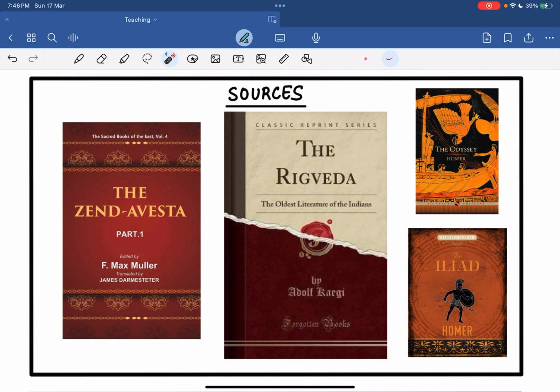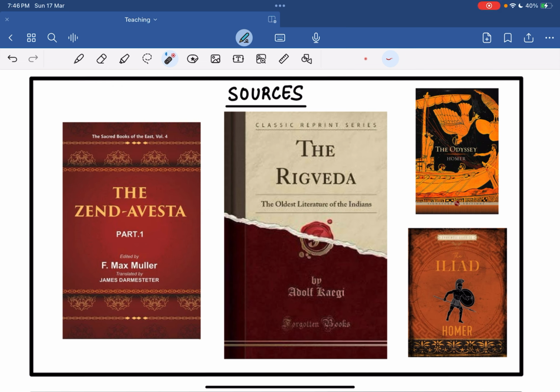When we talk about indirect sources, we've got three of them. Historians tend to correlate certain aspects of this culture with that culture. One indirect source is the Zend Avesta. Now this is not the same Avesta that we talked about in the IVC lectures. This is the book of the Zoroastrians.